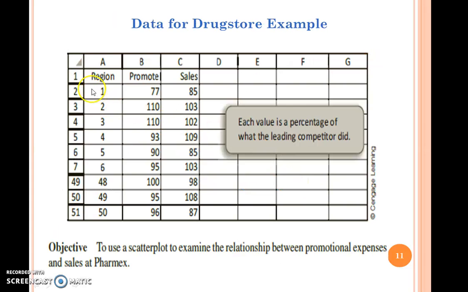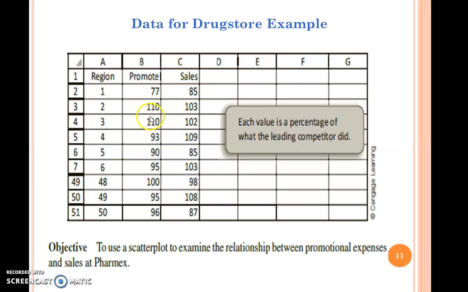Take the data for the drugstore example. Here we have three variables: region, promote, and sales. We can take any two variables, like promote and sales. If you draw the scatter plot for promote and sales, we can understand how promotion can affect sales. When you increase the promotion, the sales also tend to increase. For example, if promote is 77, sales can be 85.